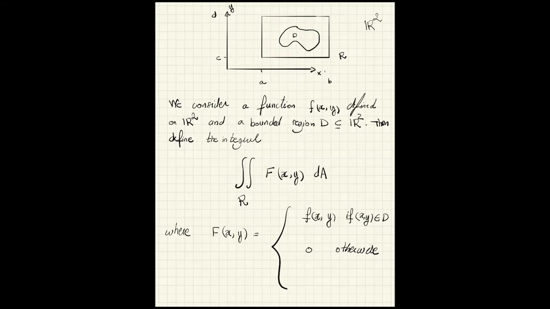There are several regions that we can consider. There is what is called type 1 regions. These are regions that look like this.